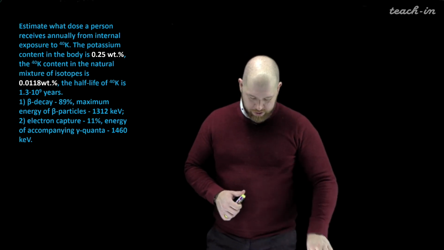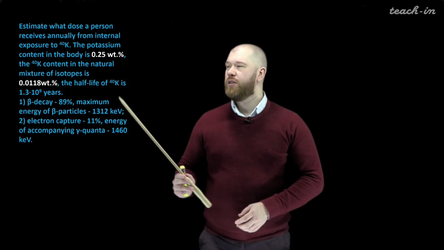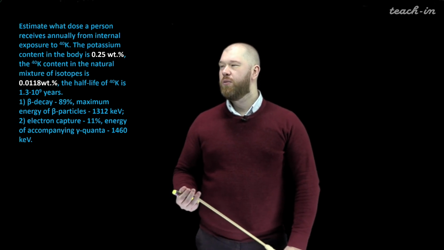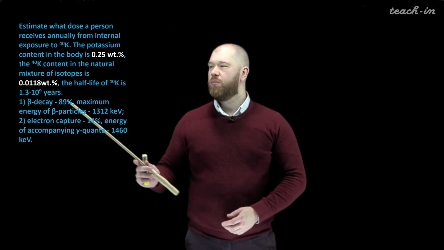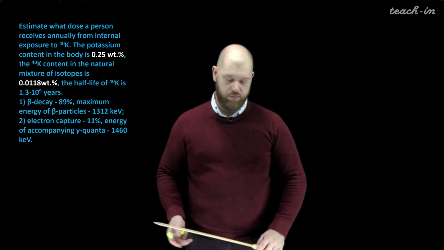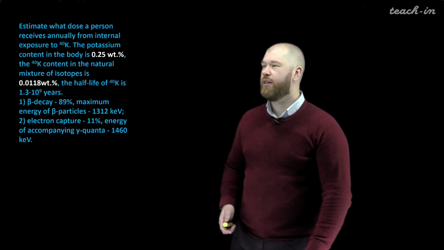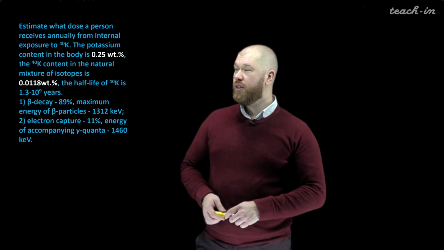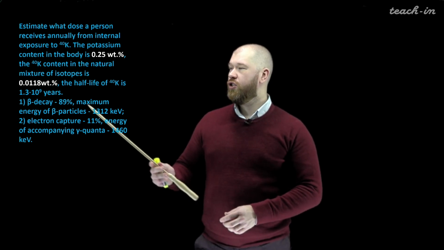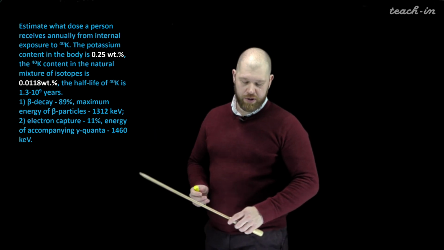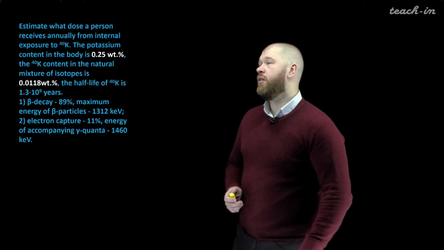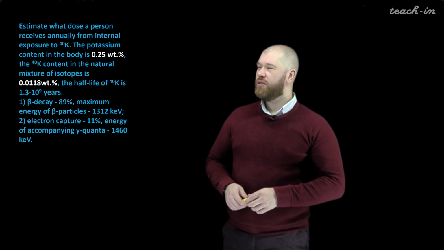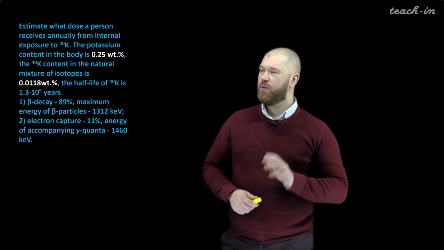It is known that the content of potassium inside the body is around 0.25 weight percent, and we know the content of this natural radionuclide in natural potassium, and we know the half-life of potassium-40. You see that it is quite a large number. That means that potassium-40 is a primordial radionuclide. It was on the Earth since the beginning of its formation, and will be longer after us.